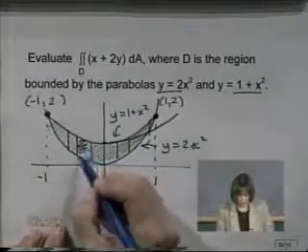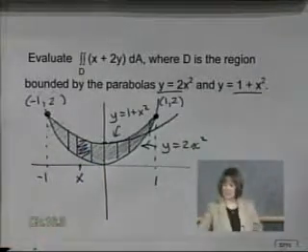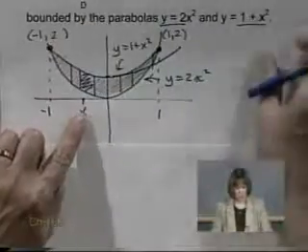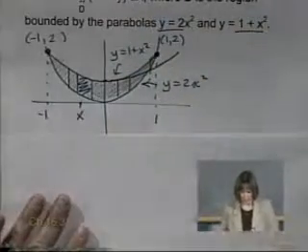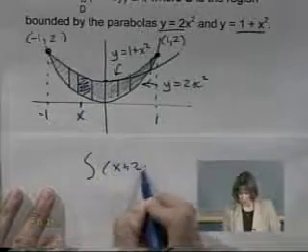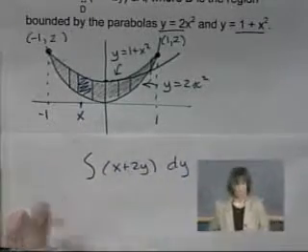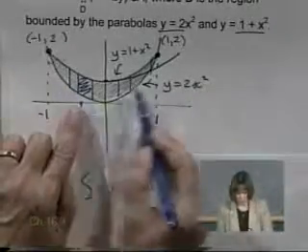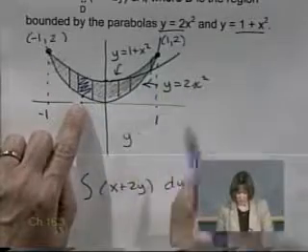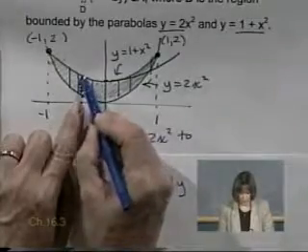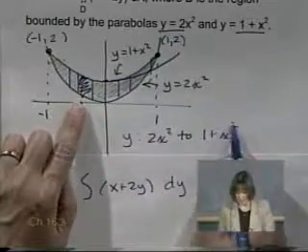So we look at an arbitrary x, and we ask ourselves, what is y ranging from? You pick an arbitrary x and look at the strip that goes perpendicular to it. So we're going to be integrating x plus 2y dy. Well, y is ranging from the lower curve, which is the function 2x squared, to the upper curve, which is 1 plus x squared.